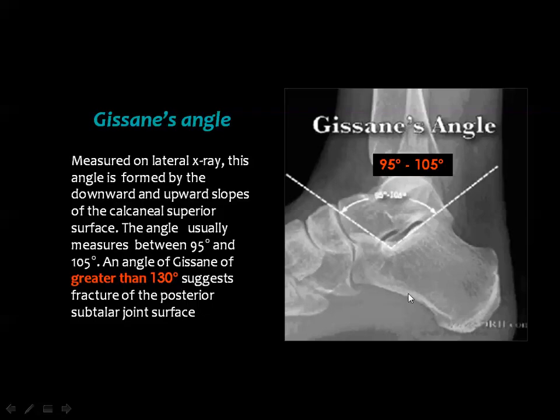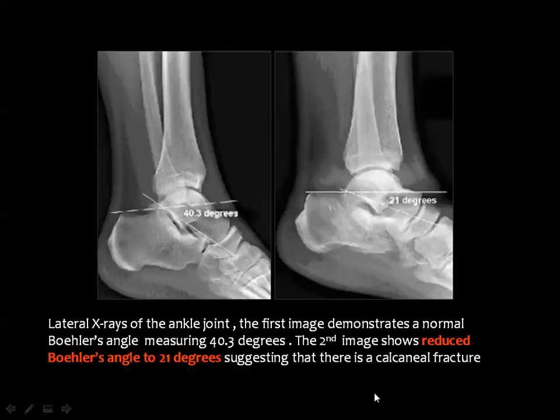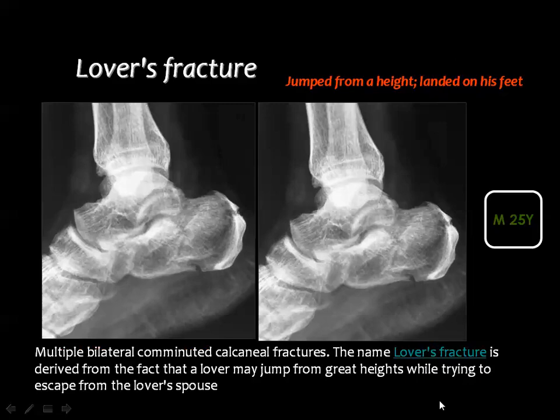If the calcaneus is fractured, then you get flattening and more widening of this angle, which many times is greater than 130 degrees. And this is an example of a normal polar angle, and this is the angle which is reduced because of a comminuted calcanean fracture.